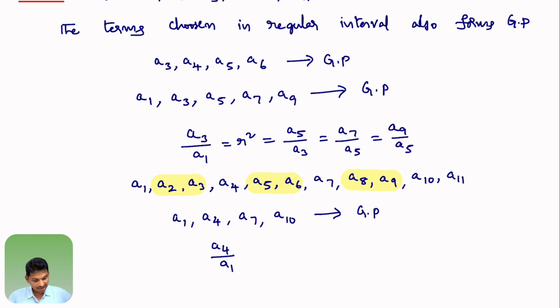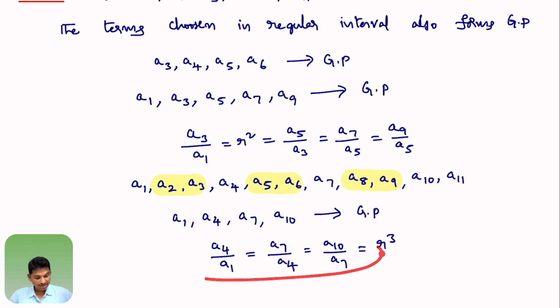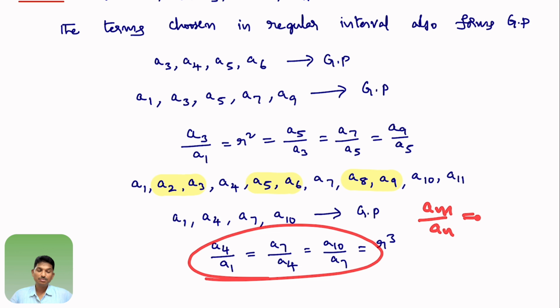A4 divided by A1, A7 divided by A4, A10 divided by A7, that means the 10th term divided by the 7th term. All these give you R power 3. The common ratio is the same. You know how to calculate this. In the last class we discussed that in geometric progression the ratio of the mth term divided by the nth term is R power m minus n.